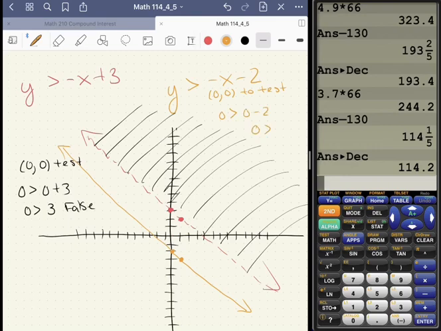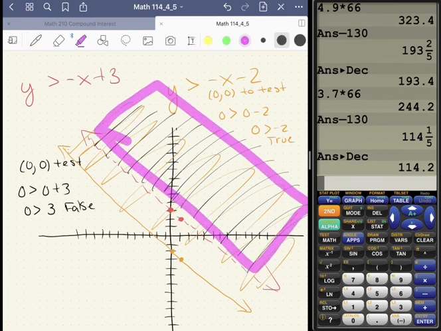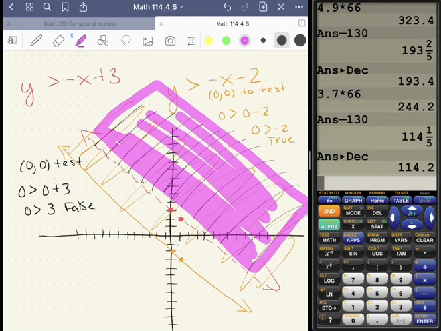So I have 0 greater than negative 2. So this is true, so I must color where they crisscross. So that means my solution is all of this.